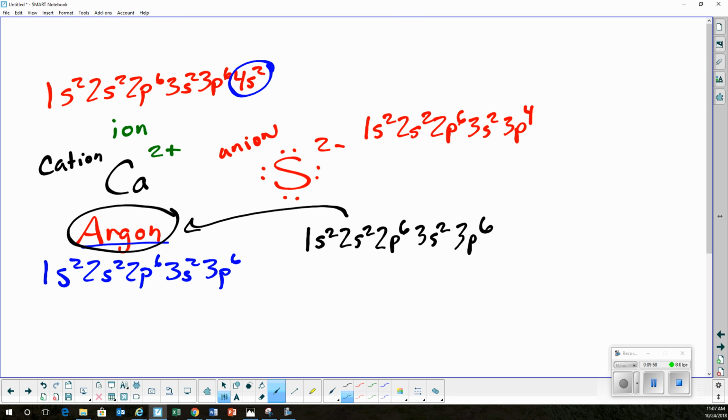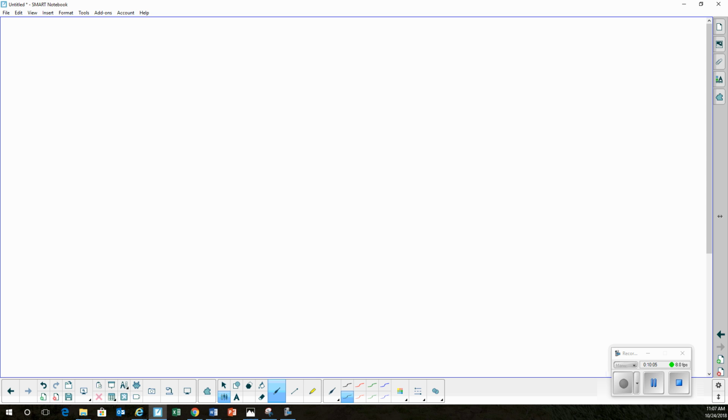Okay, be able to write an ion of an element given the protons and the electrons. So if I wrote up here on the board that you had 43 protons and 38 electrons, write the ion for me.